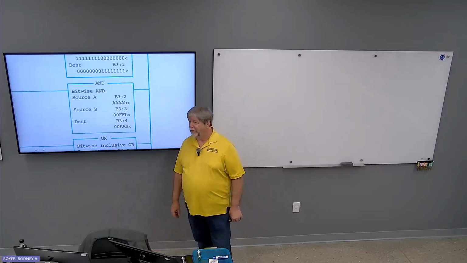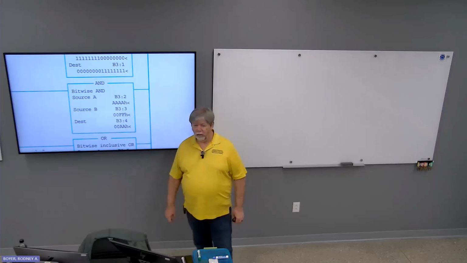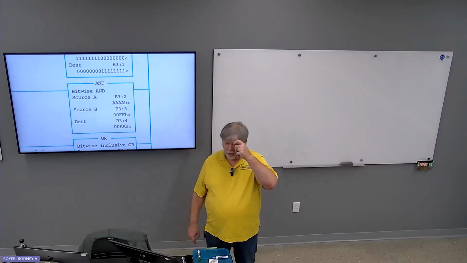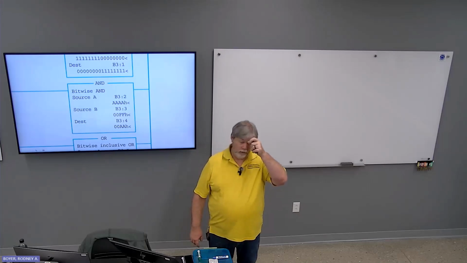Bitwise AND does show the source A and B as hexadecimal. It's just an easy way for the computer to display it. It's called a bitwise AND because it is actually doing it at the bit level.